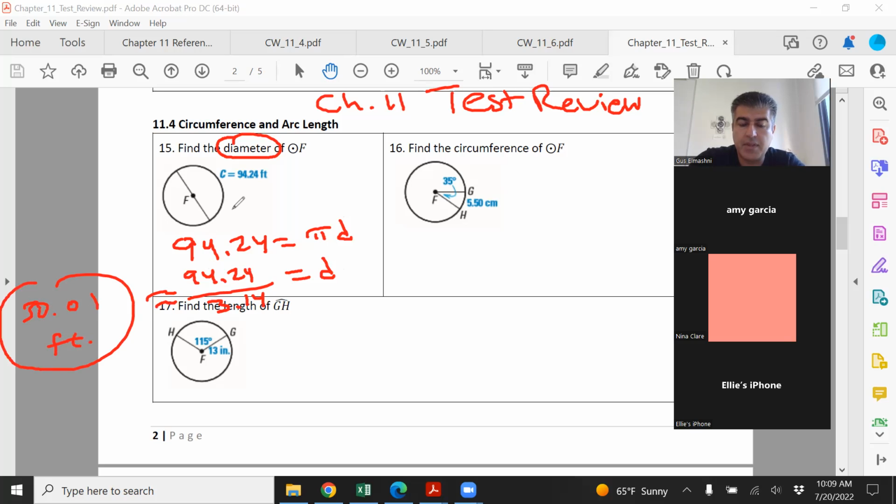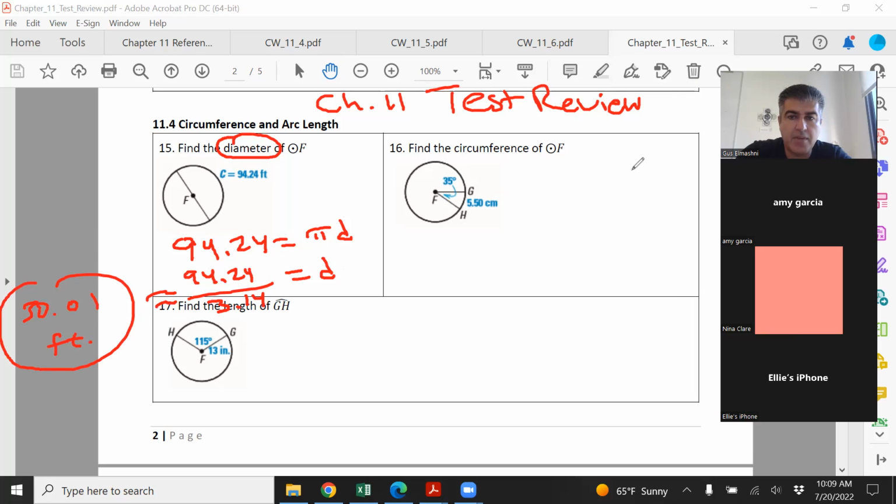Next one. This is a little more advanced. Circumference is 2 pi r. Arc length is 5.5, 35 degrees.